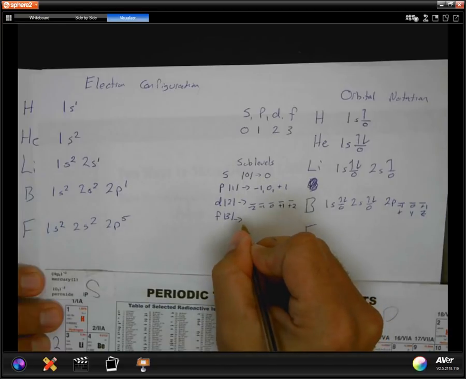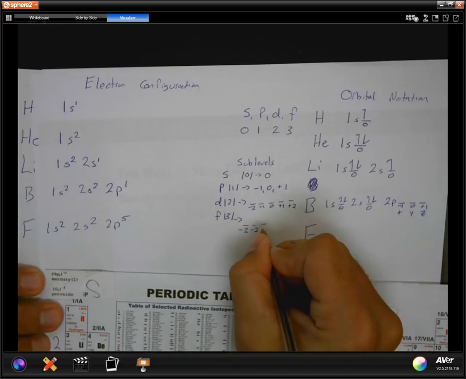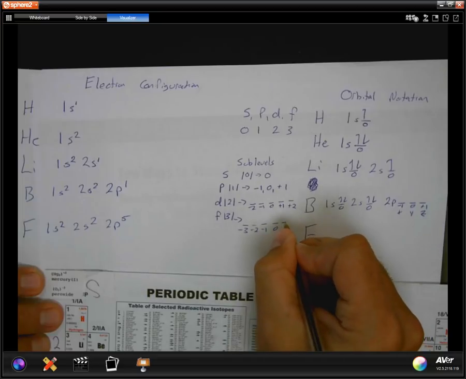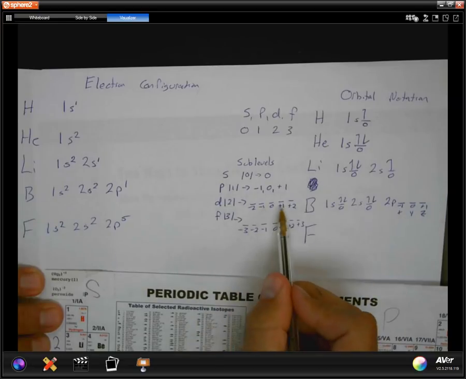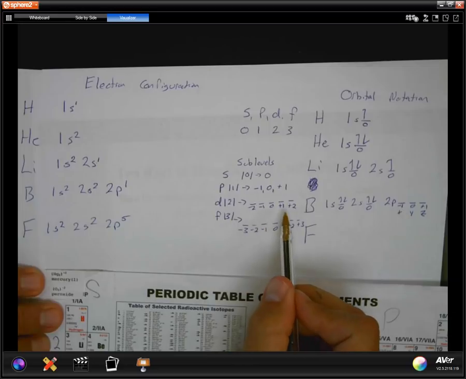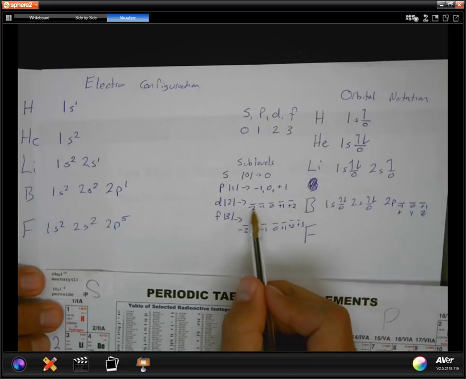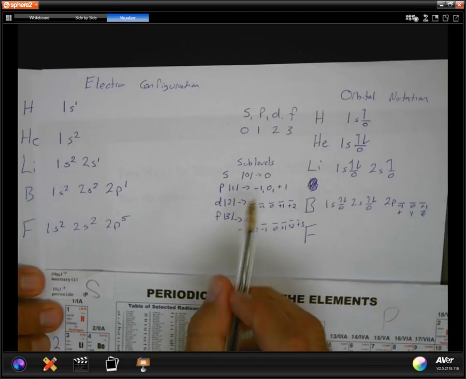And these sublevels are labeled as -3, -2, -1, 0, +1, +2, and +3. Again, these numbers represent the different geometrical paths and dimensions that they exist in. But for quantum numbers, we use these values, and they come back from the absolute value ranges of the sublevels up here.